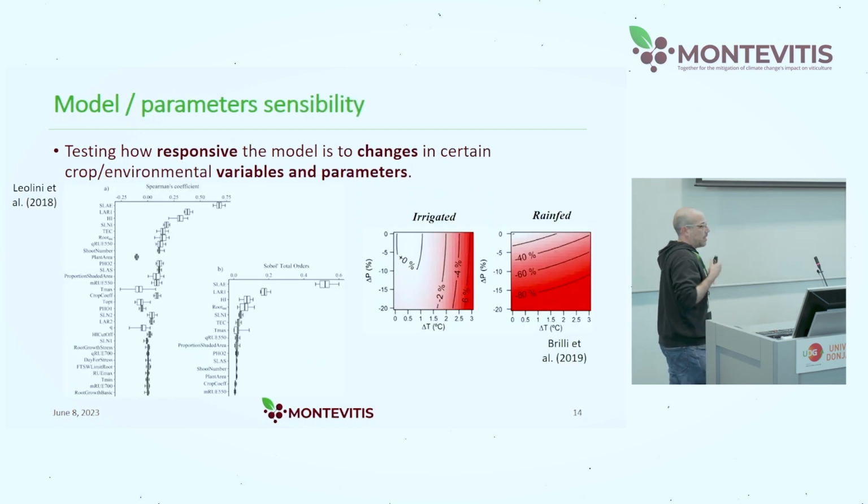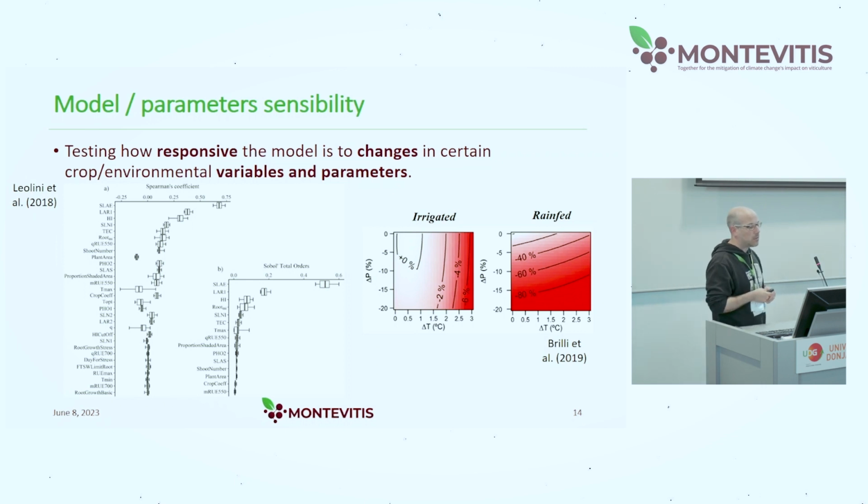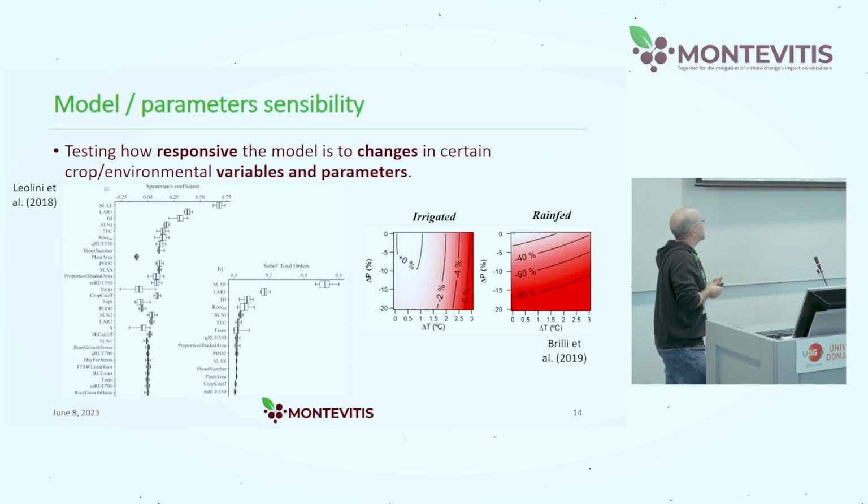Then we have the model sensitivity, or the parameter sensitivity, in which we test the response of the model to changing all the parameters or some characteristics that influence the model.